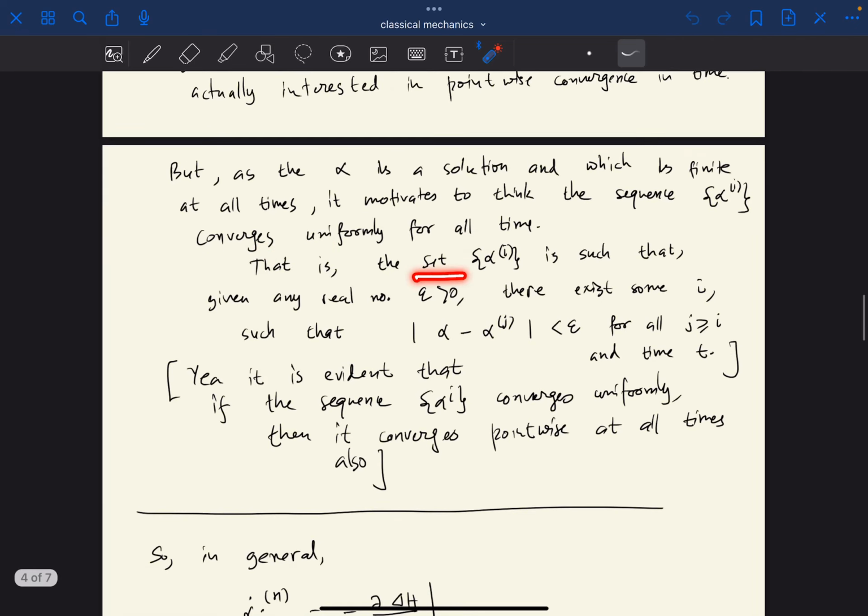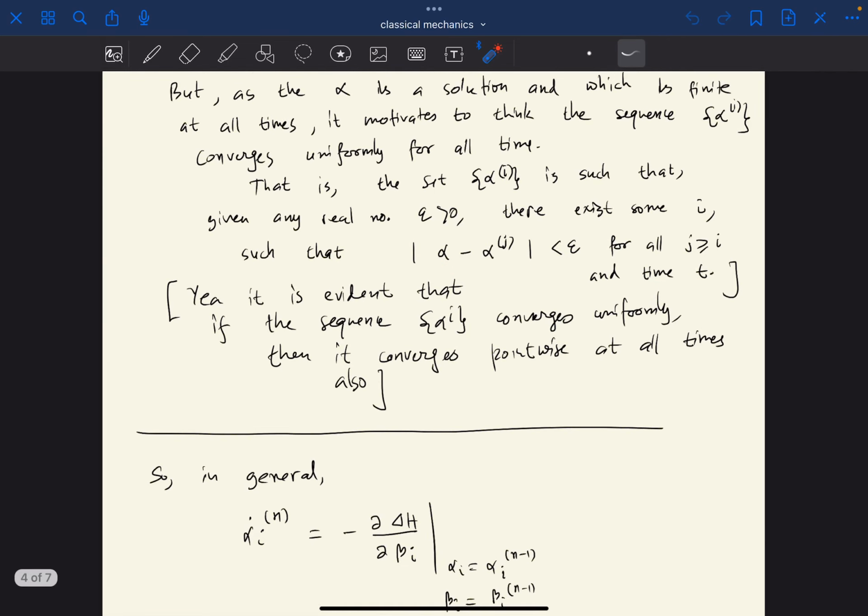That is, this set of alpha i's is such that given any real number epsilon dash, there exists some I such that for all j greater than or equal to I, this condition is satisfied for all time t. Yeah, it is also evident that if the sequence converges uniformly, then it converges pointwise at all times also.